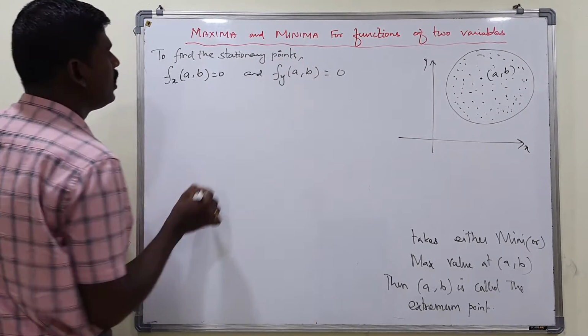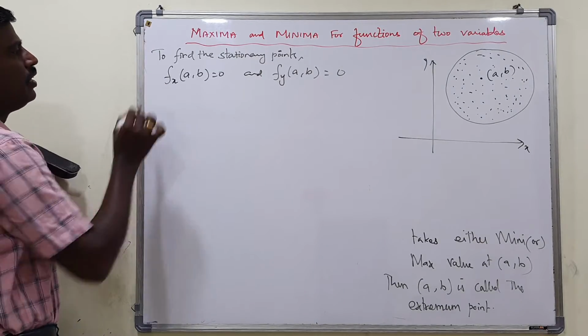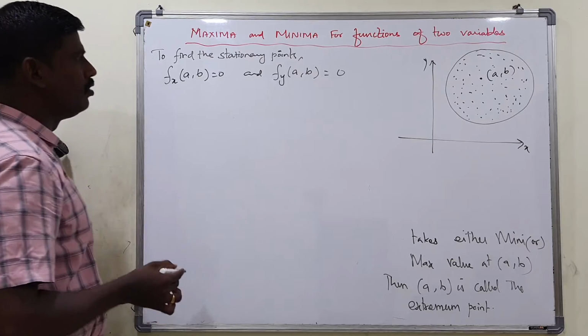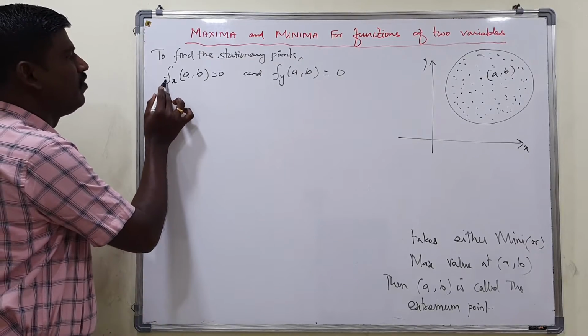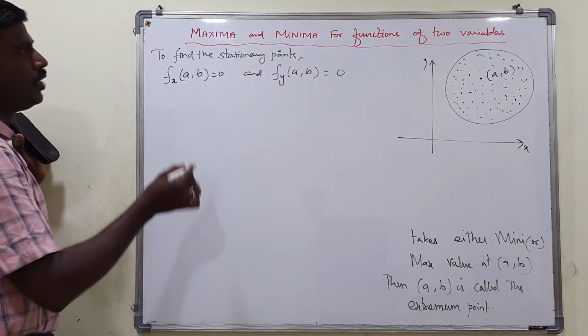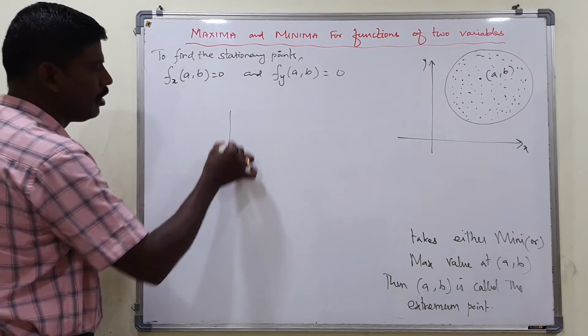That means the partial derivative of f with respect to x and the partial derivative of f with respect to y, to get the stationary points. What do you mean by stationary points?